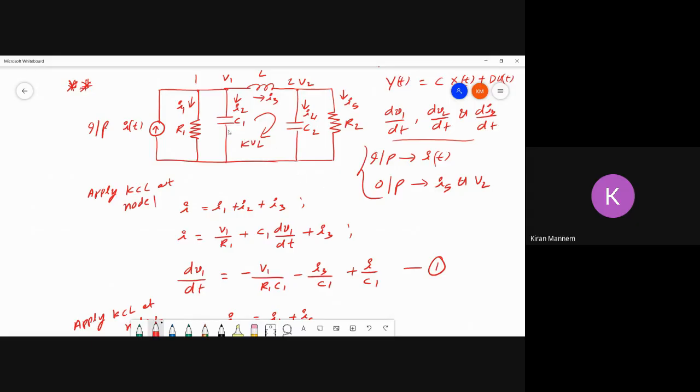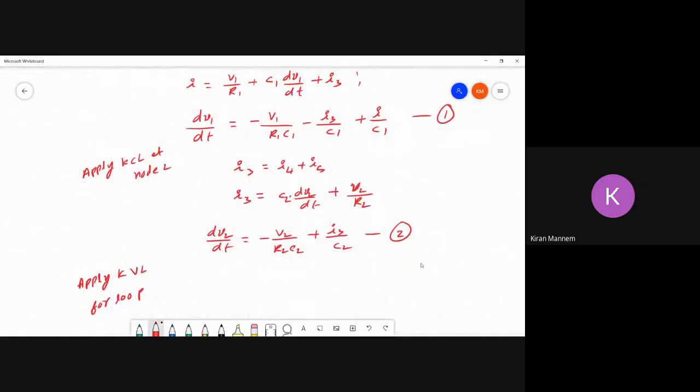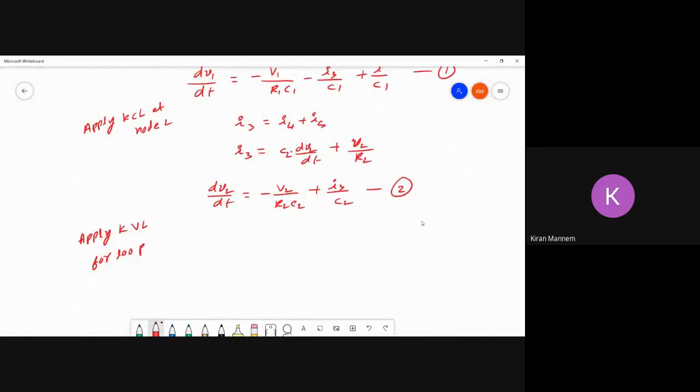So the voltage across the capacitor, V1, is equal to the sum of the voltages across the inductor and C2. So V1 is equal to L into dI3 by dt plus V2.